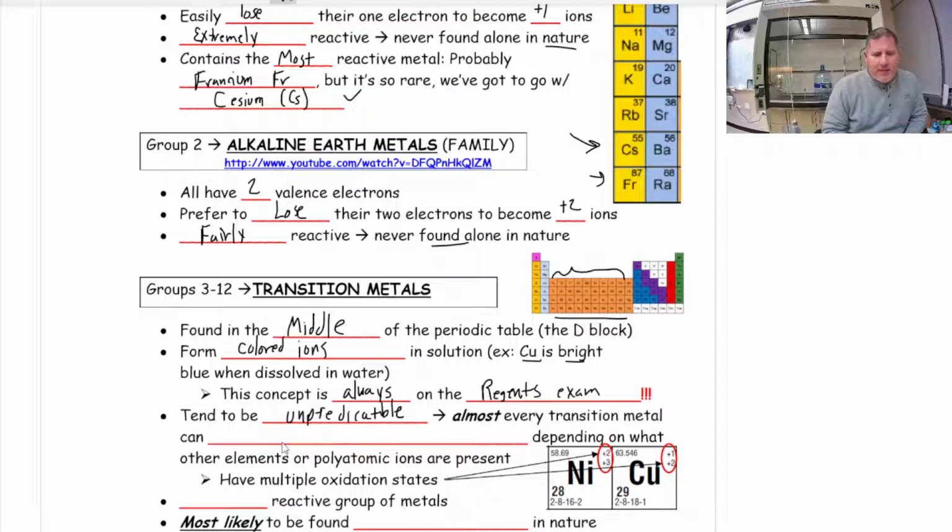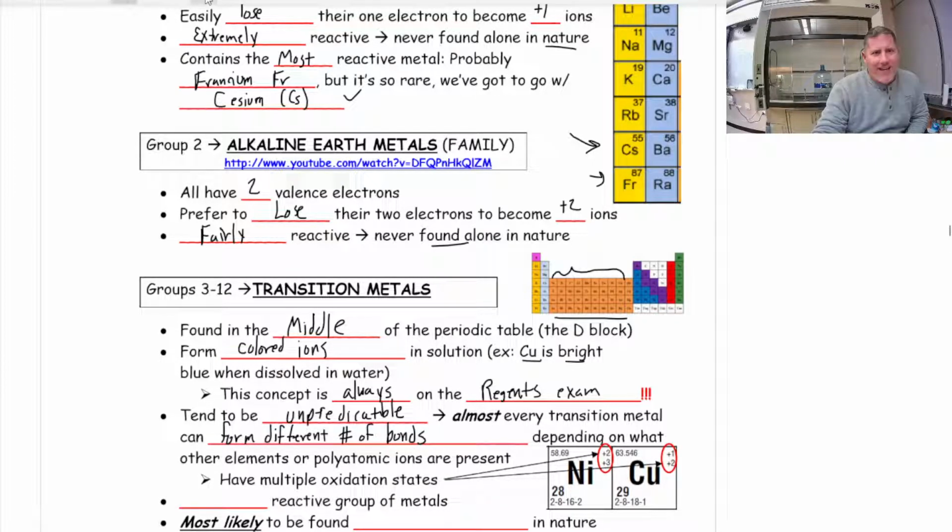Almost every transition metal can form different numbers of bonds. I should probably slow down when I'm writing. Anyway, the idea is different numbers of bonds make it unpredictable, which I did a pretty unpredictable job of spelling.